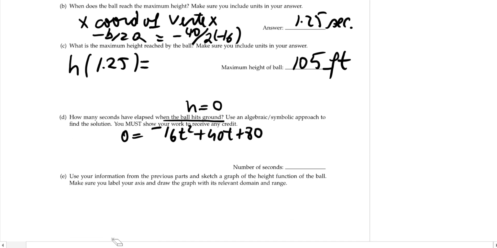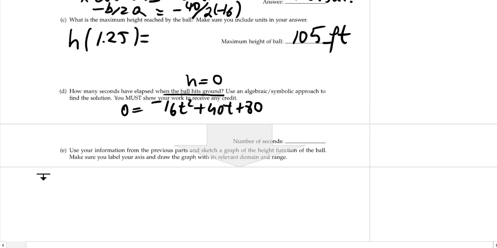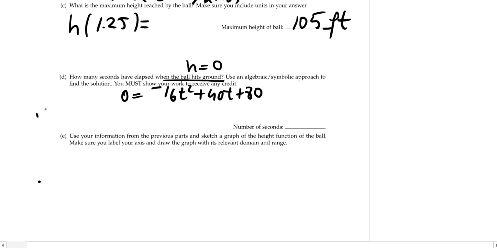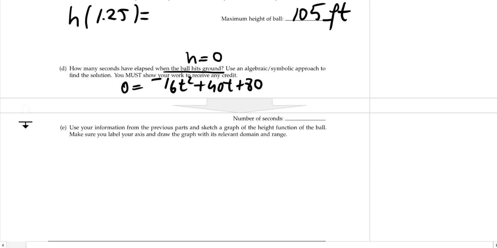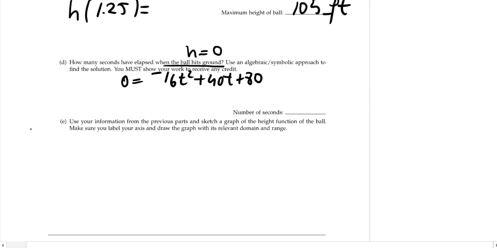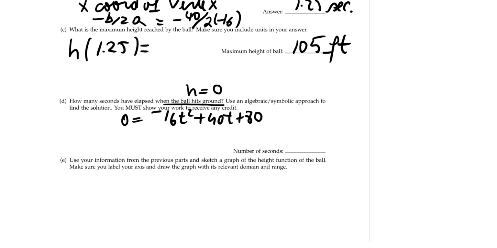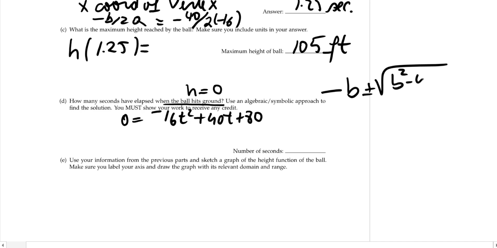Alright, so I'm gonna write in here negative b plus or minus square root of b squared minus 4ac over 2a.